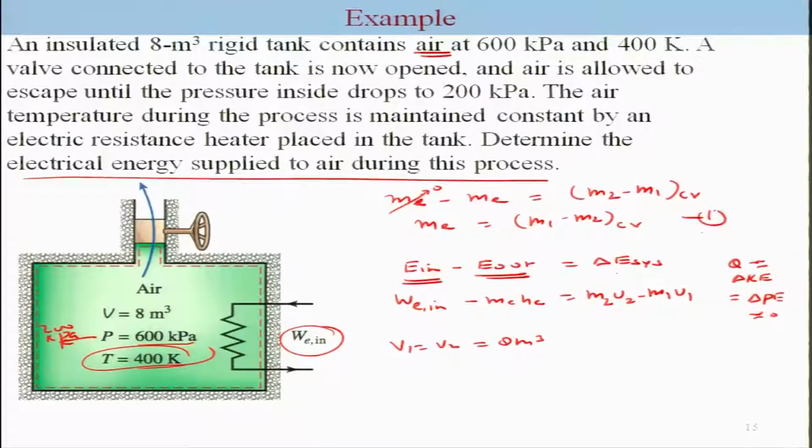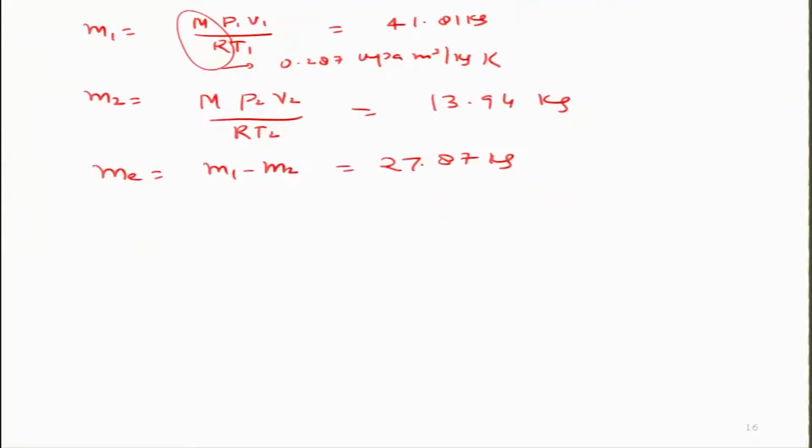So, you can plug in this information m e, and what about h e? W in you can rearrange here: this is m e h e plus m2 u2 minus m1 u1.